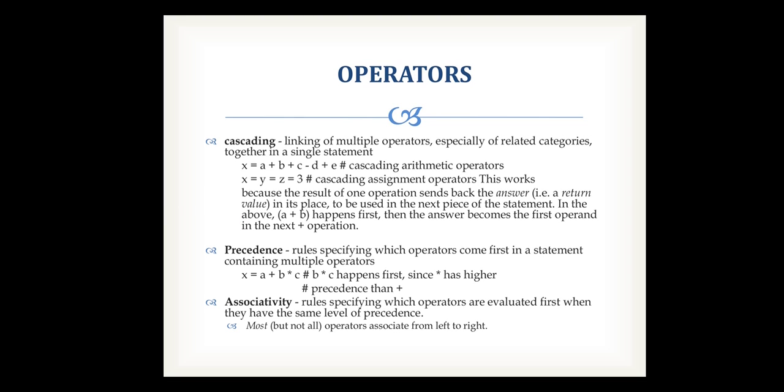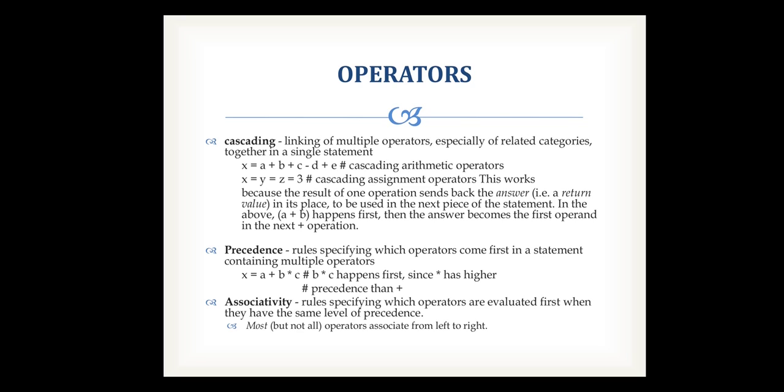Next is cascading, linking of multiple operators, especially of related categories, together in a single statement. So x is equal to a plus b plus c minus d plus e is called cascading arithmetic operator.